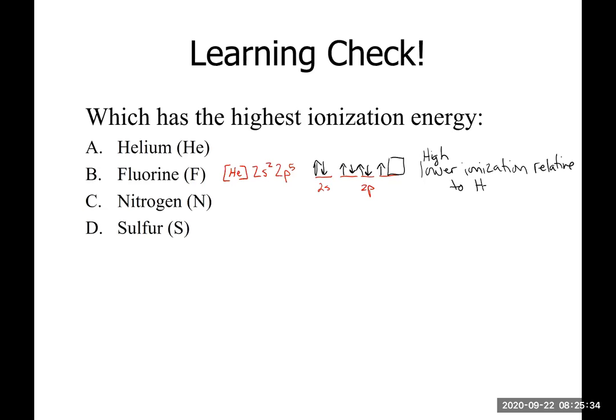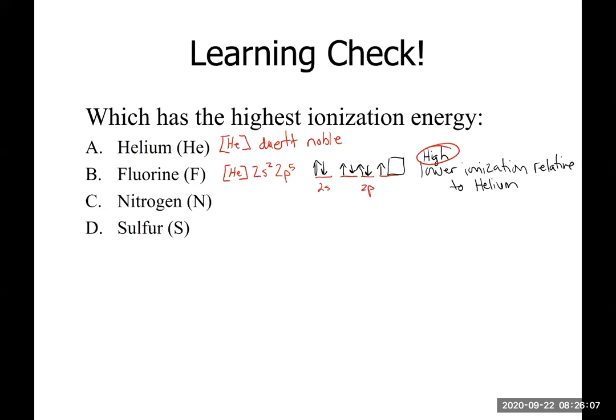And that species is helium, because helium, as you know, is a noble gas. And so helium has a very stable duet. So with helium having a very stable duet, being a noble gas, we know that even though fluorine has a very high ionization energy, it's lower relative to helium.